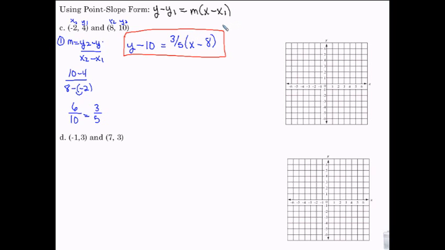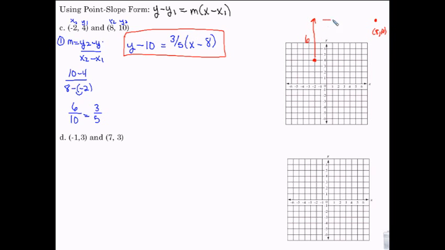Now if you wanted to do this graphically, I could plug in the points. Oh, I have bad points again. Yeah, I plug in the points. I have negative 2, 4. And I have 8, 10. I'll just say that's 8, 10. I have no idea where it actually falls. We'll pretend it falls there. And if I count up from here, I'm going to go up from 4 to 10.